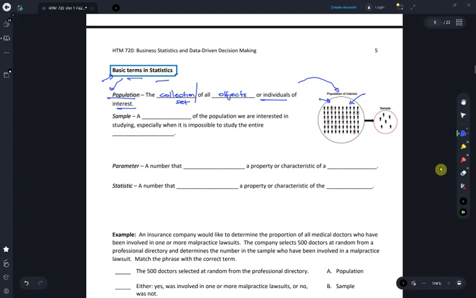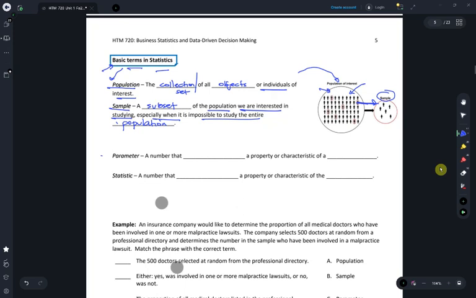So what do we do? We try to extract or to select a random and representative group from that population named the sample. So a sample is a subset or fractional part of the population that we're interested in studying, especially when it's impossible to study the entire population.